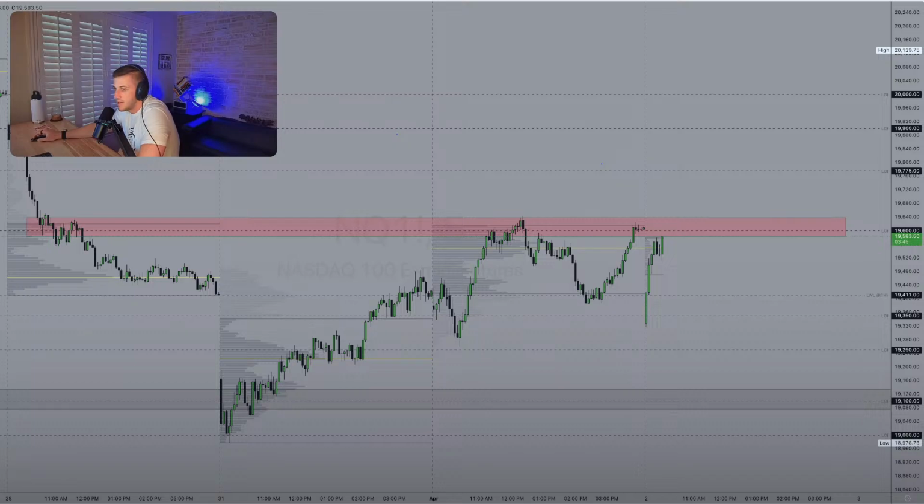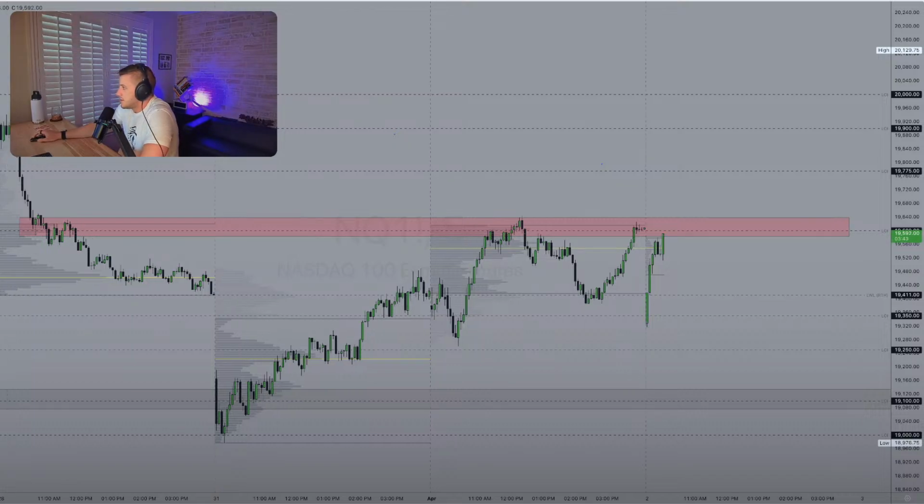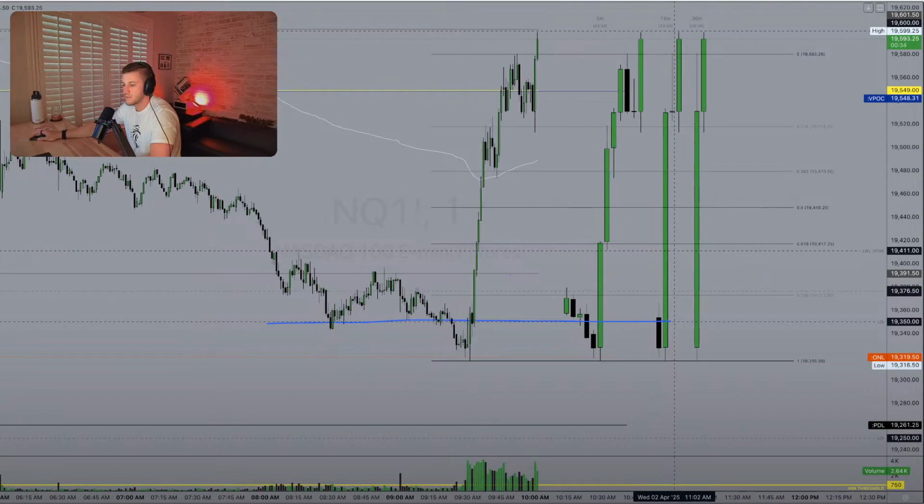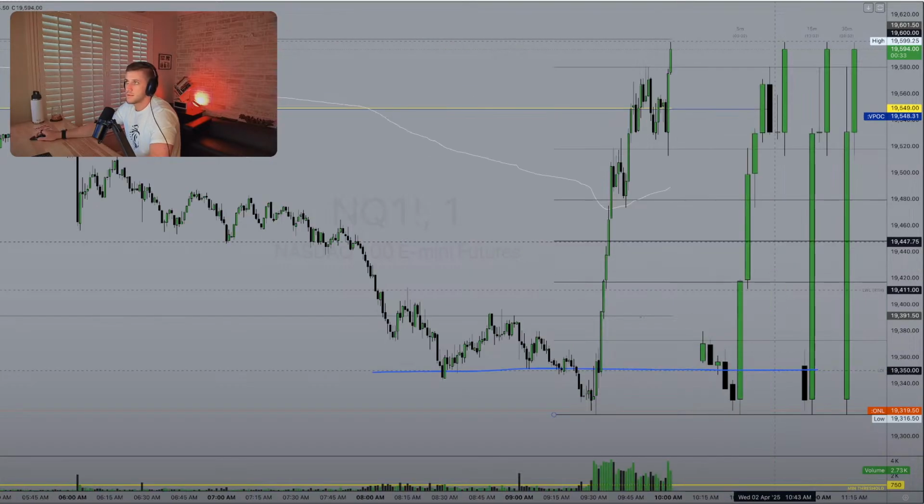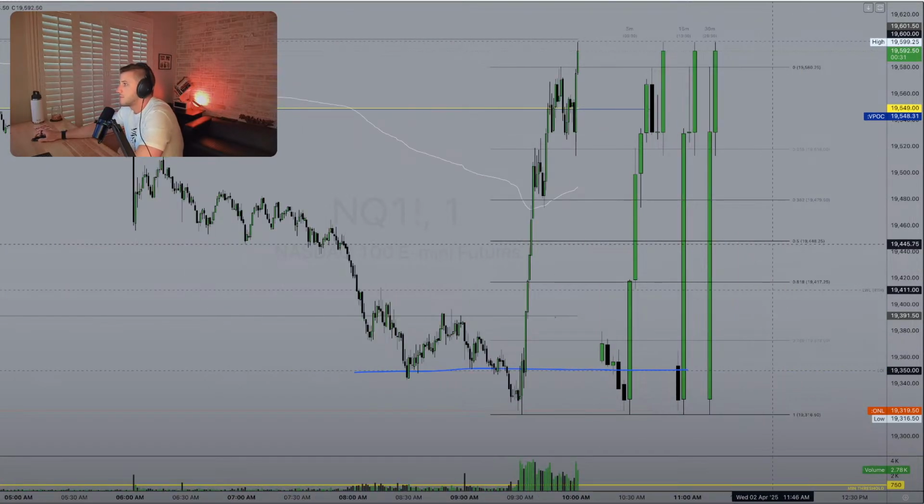NQ, there's your new high of day. Here comes 600, 19,600. True test. Prior day high, it's going to be your next upside reference point. Tested the shallow fib.